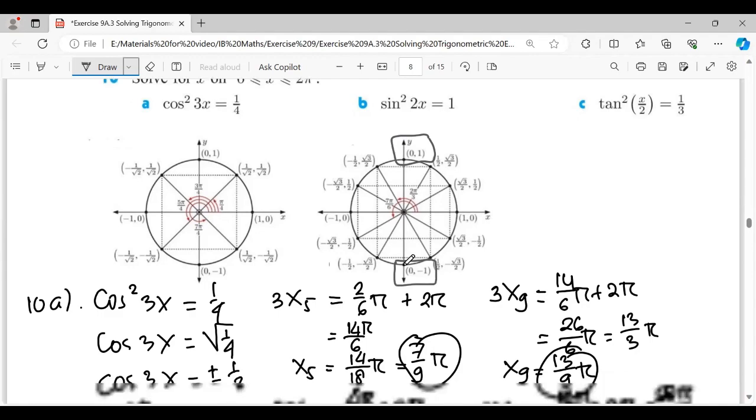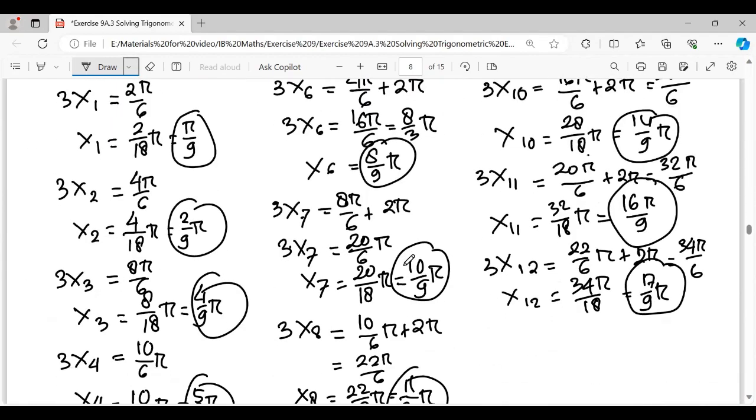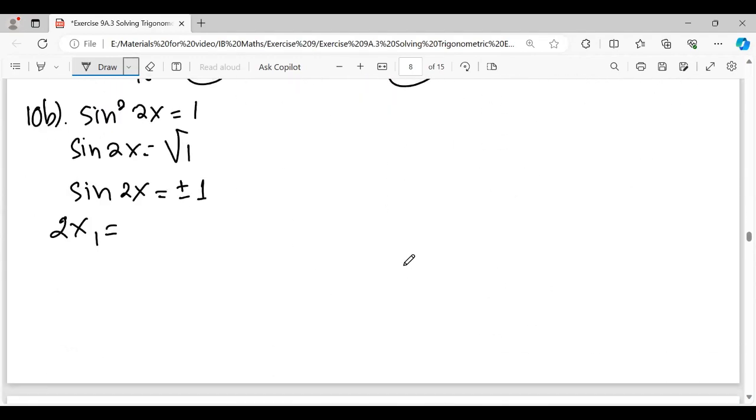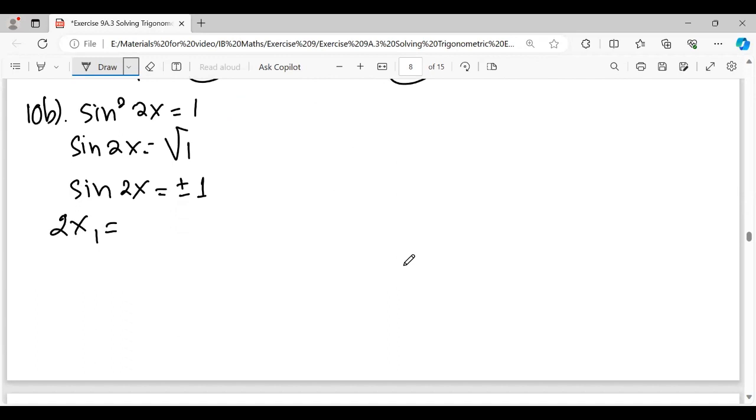So 2x1 equals pi half, so x1 equals pi over 4.